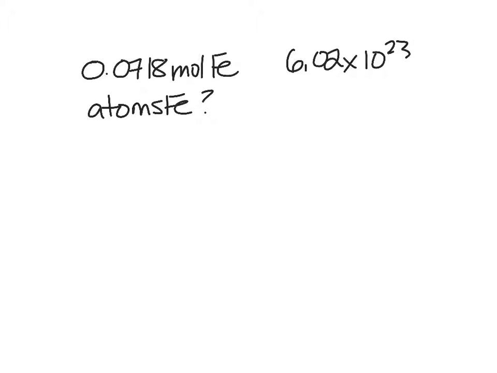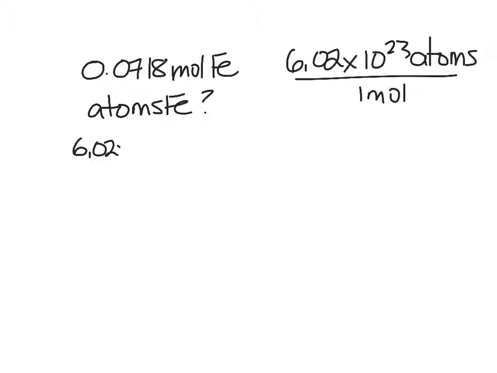what's the particle for Avogadro's number when we're dealing with the element iron? We use atoms. So that's the only information that we have. You always start with a quantity that has the units that you're looking for on top.